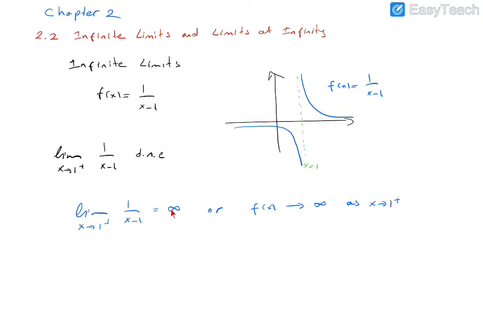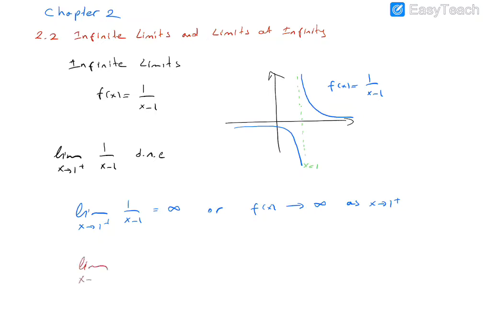We use the infinity notation to describe positive growth without bound. We use minus infinity to describe negative growth without bound. From the left side of the graph, you can observe that when x approaches 1 from the left-hand side, it goes to minus infinity. So we can use the minus infinity notation.